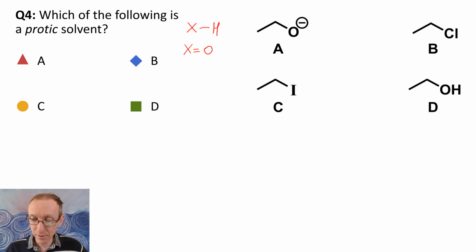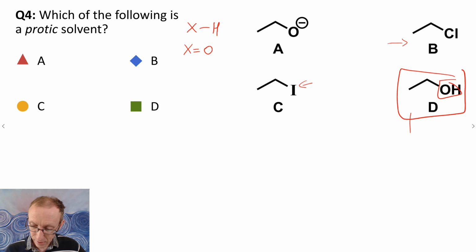B and C, neither of these molecules have an oxygen-hydrogen bond, so they're not protic, whereas D does have an OH group. So that OH bond is crucial to being a protic solvent. It can act as a hydrogen bond donor, so that makes it have special properties.